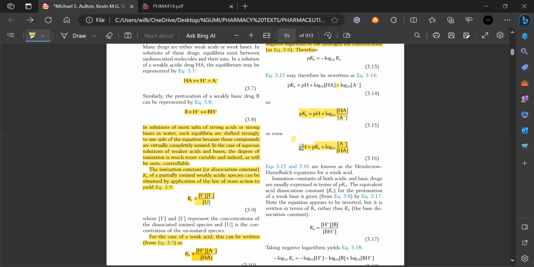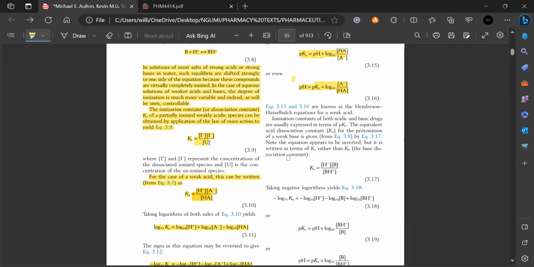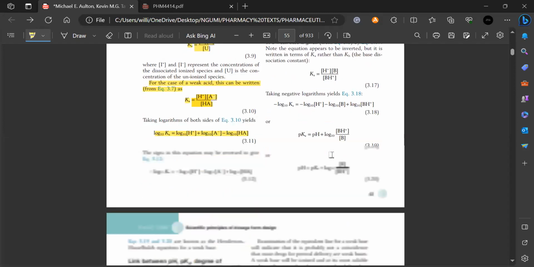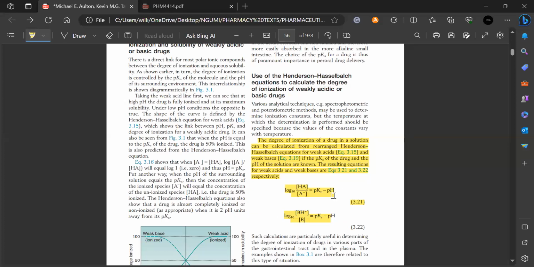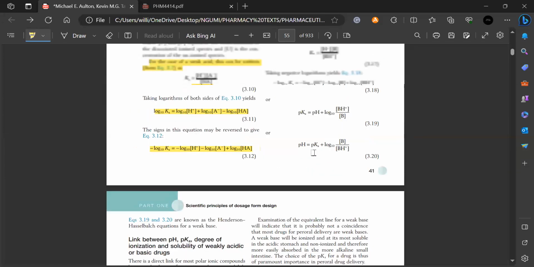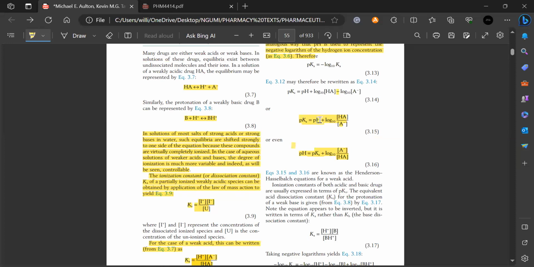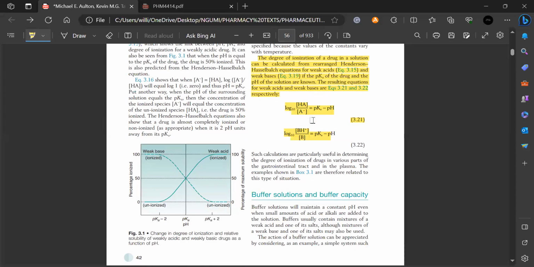If we take our pKa to the other side, pH minus pKa equals log A minus over HA. Or the other way around, if we take our log to the other side and our pKa to the other side, it will be pH minus pKa equals log, just as the log is written. And for our bases, basically the same thing.